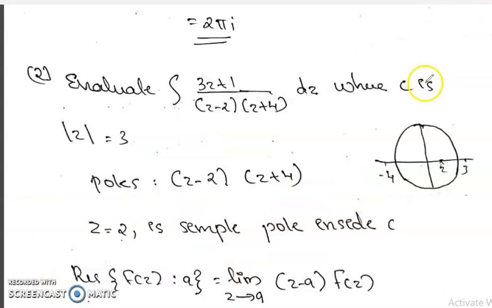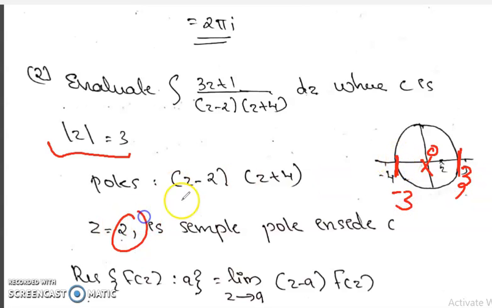Also you can verify like this: mod z equal to 3 is a circle with center 0 and radius 3. Therefore this point is 3, this point is minus 3. When you take z equal to 2, it lies inside. When you take z equal to minus 4, it lies outside.